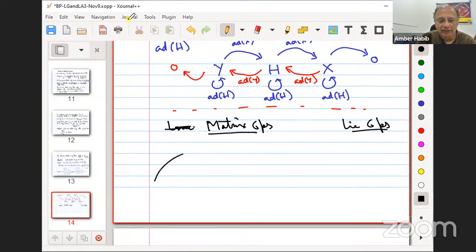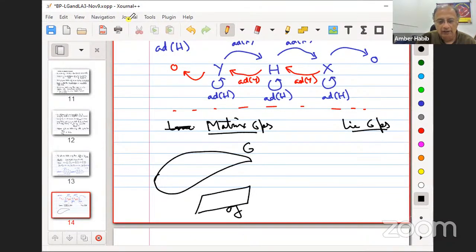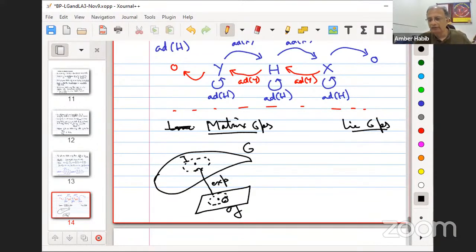But what's happening in a matrix group G? We have seen that there's a corresponding Lie algebra, which is a vector space. There's a close correspondence between what's happening around the identity of G and zero of the Lie algebra. And this correspondence is described by the exponential map.